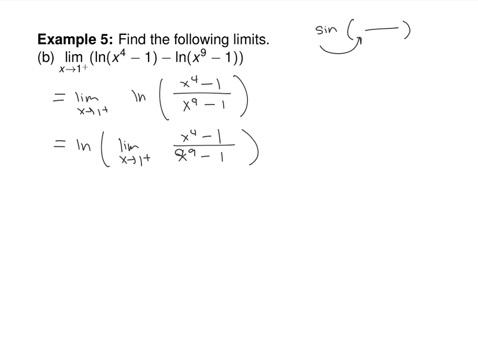Okay, so is this limit currently a 0 over 0 or infinity over infinity limit? 0 over 0. So you apply L'Hopital's rule. Don't forget about the ln. And you get 4x cubed over 9x to the 8th, right?